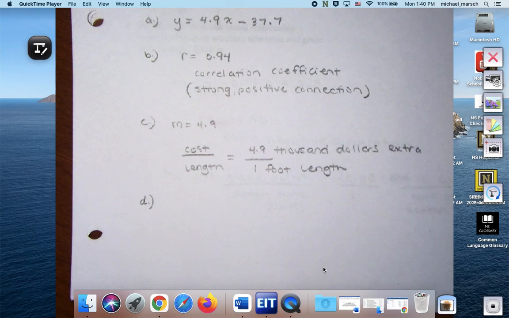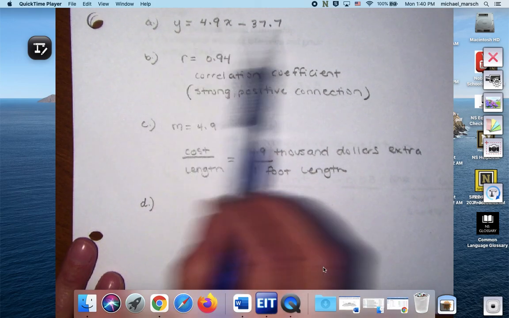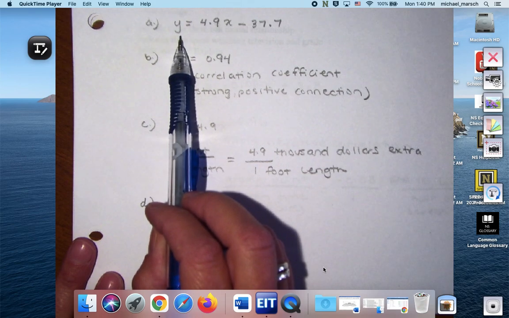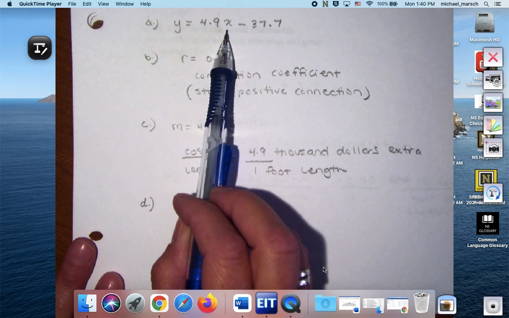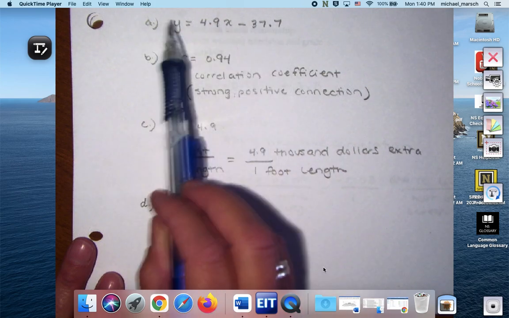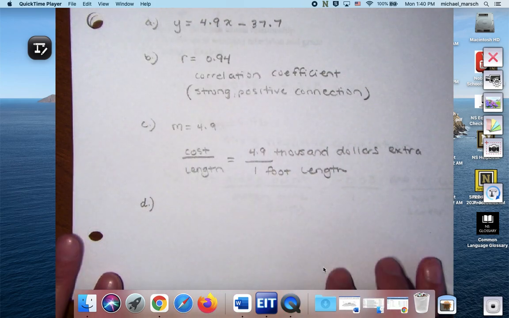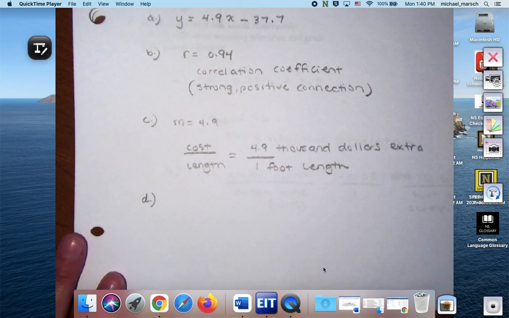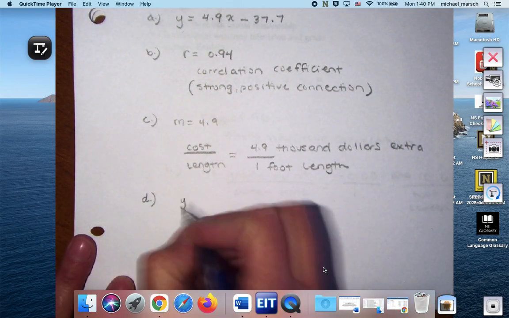So we're going to use our linear equation here, because what does y represent? Cost. What does x represent? The length. So how am I going to use this equation to find out the approximate cost of a 20-foot sailboat? What am I going to do, Elizabeth? Sure, I'm going to take the equation.